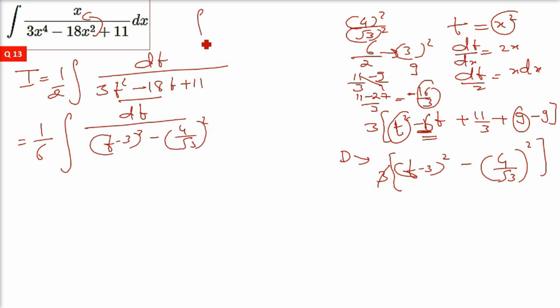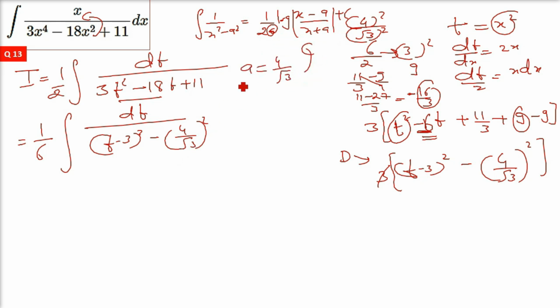Now if you remember, x square minus a square, what was the integration? 1 by 2a log of x minus a by x plus a, inside the modulus sign, plus constant of integration. A you have to take here as 4 by root 3. You have to put it in the formula, right? X you will take it as t minus 3. Let's apply the formula. 1 by 6, 1 by 2a, 1 by 2 into 4 by root 3.